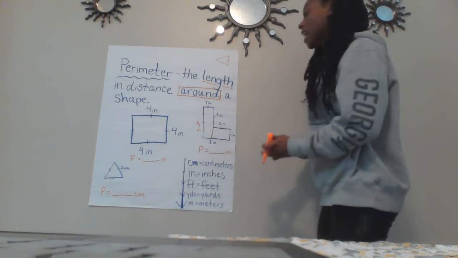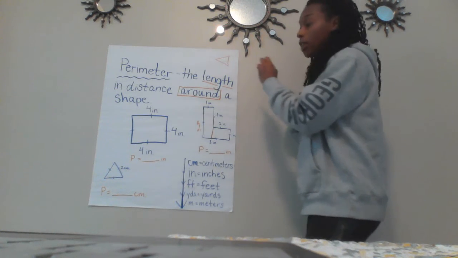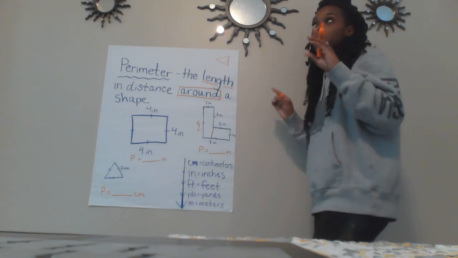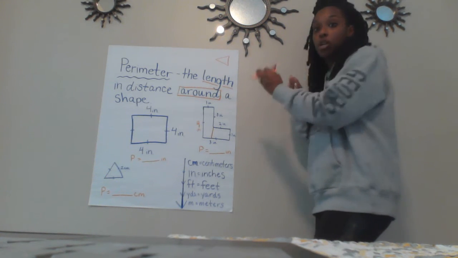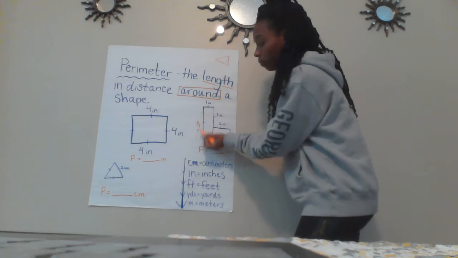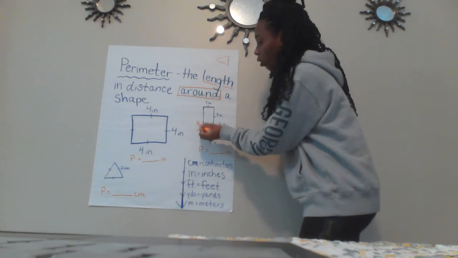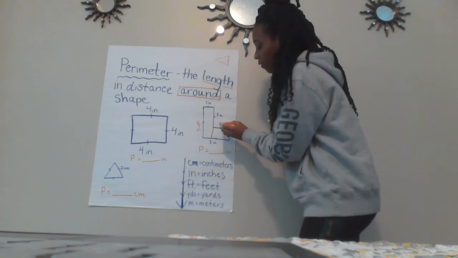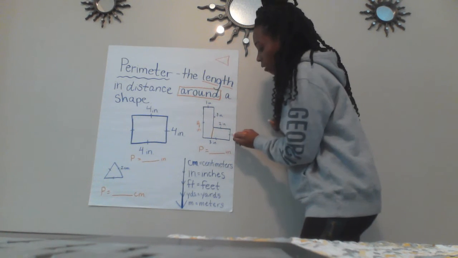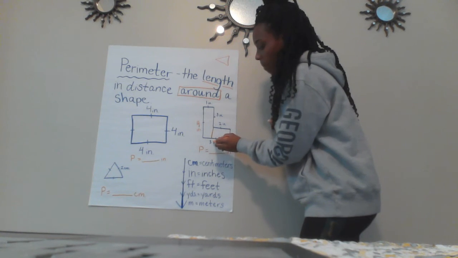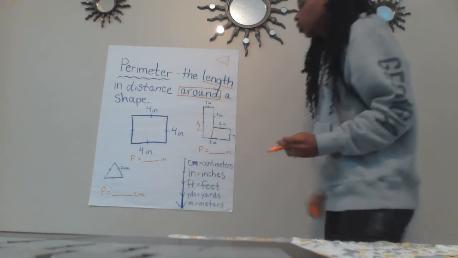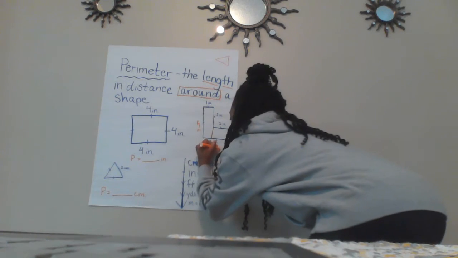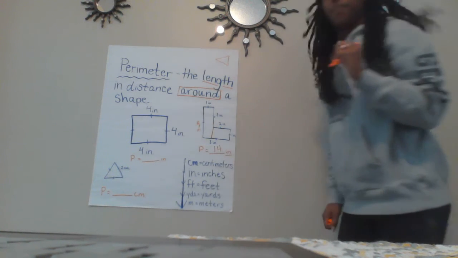Now, all you're doing for perimeter is adding the units of measurement per side. So you have 4 right here that you just figured out. So 4 plus 1, that's 5. 5 plus 3 is 8. You have 2, that's 10. 1, 11. And then plus 3 is 14. So the perimeter of this shape is 14 inches.